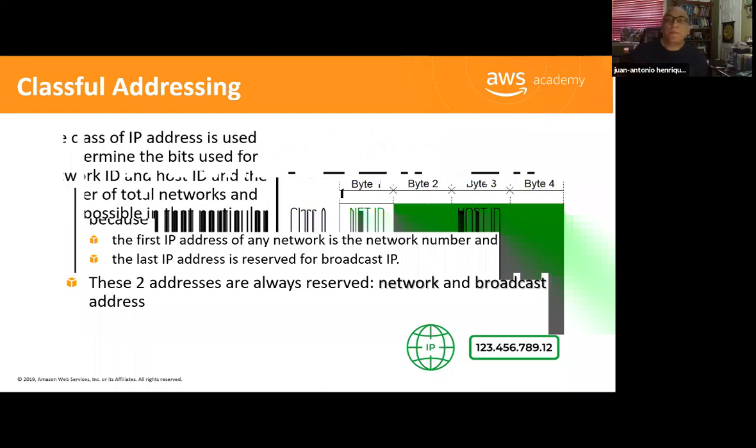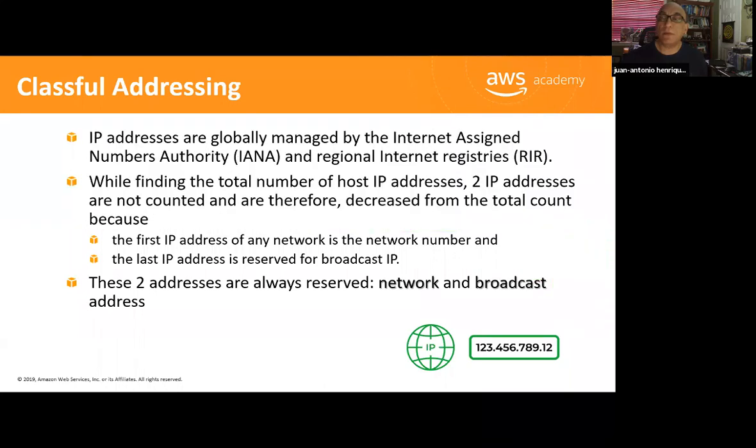While finding the total number of host IP addresses, 2 IP addresses are always, and this is a rule, not counted. When you look at Class A, for example, with 2 to the 8 addresses assigned to the network, every time you look at that group of addresses, there are 2 particular addresses that are not counted, and so they're sort of reserved.